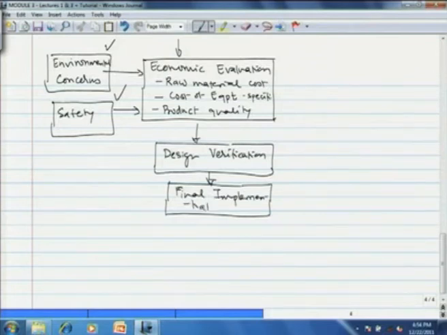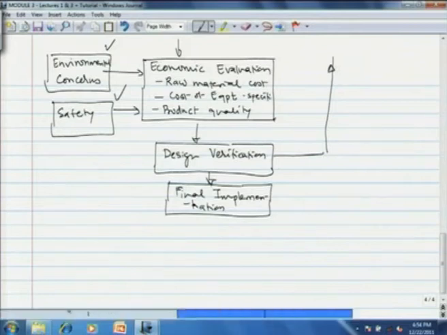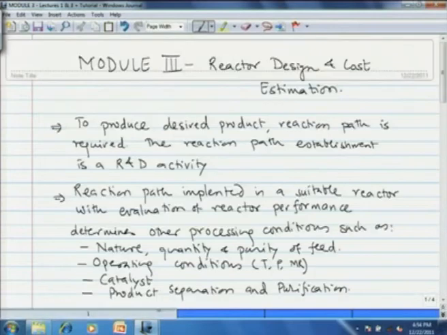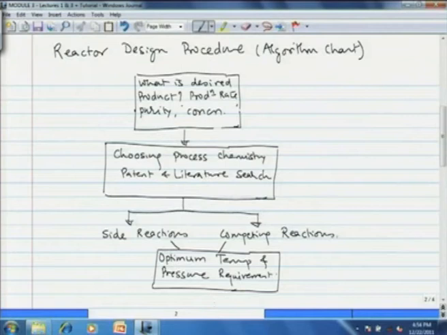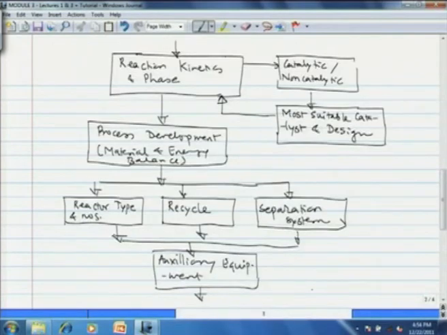In case this is not satisfactory, then we may go back to the step of process development, okay, which is this.